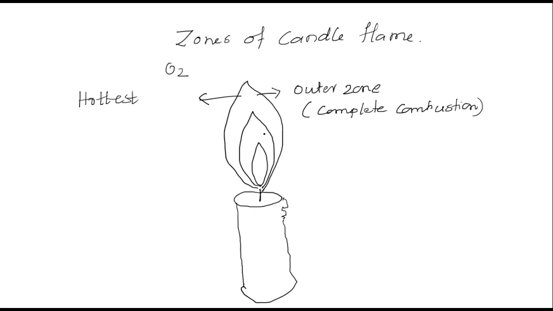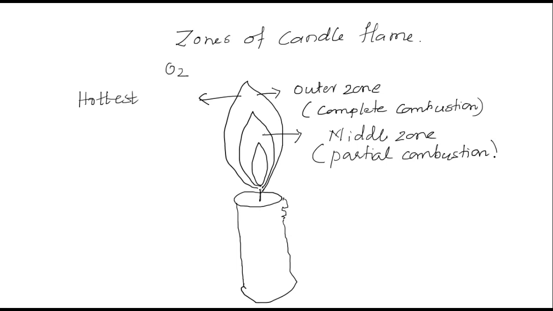Now the next zone is the middle zone. So we will label it as middle zone, where partial combustion is possible. And why is there partial combustion? What do you mean by partial combustion? Partial combustion in the sense that more oxygen is not available here.